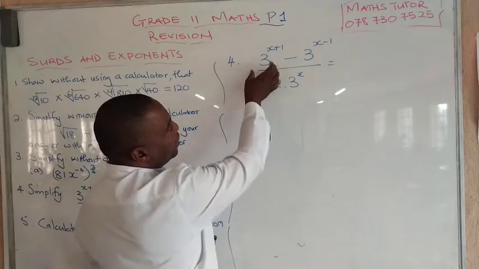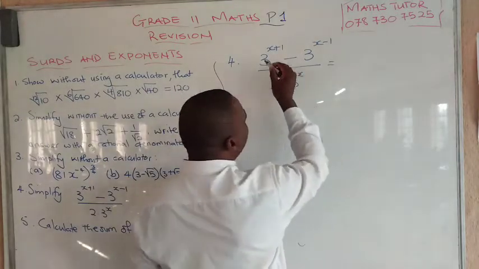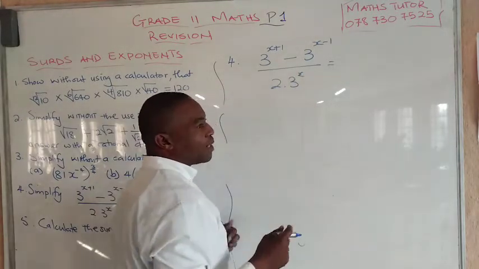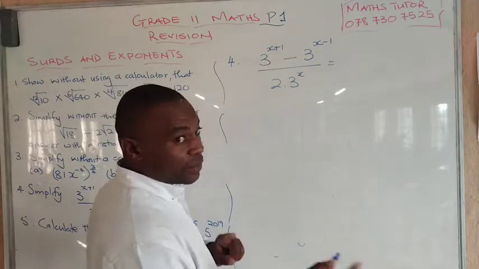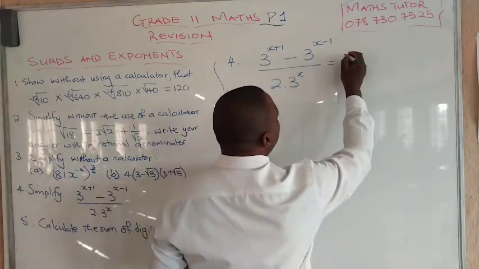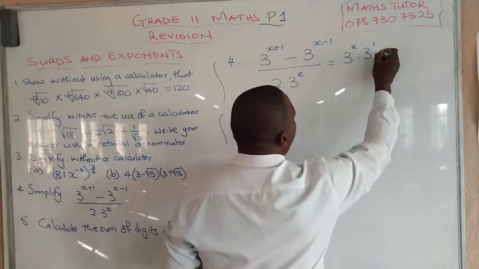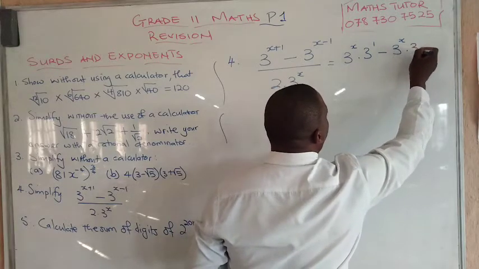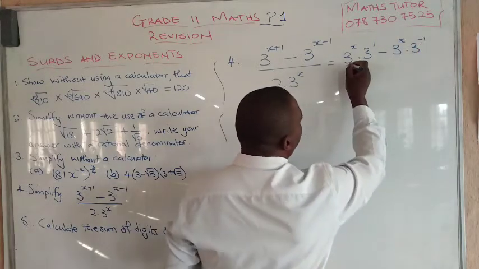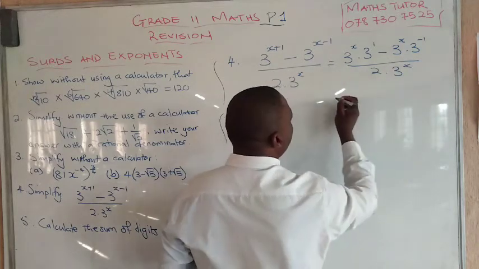So what we do is to split this power. That means 3 to the power x plus 1. Remember, addition means it was multiplication of powers which are in base 3. So this is 3 to the power x times 3 to the power 1, minus 3 to the power x times 3 to the power negative 1. We are dividing this by 2 times 3 to the power x.